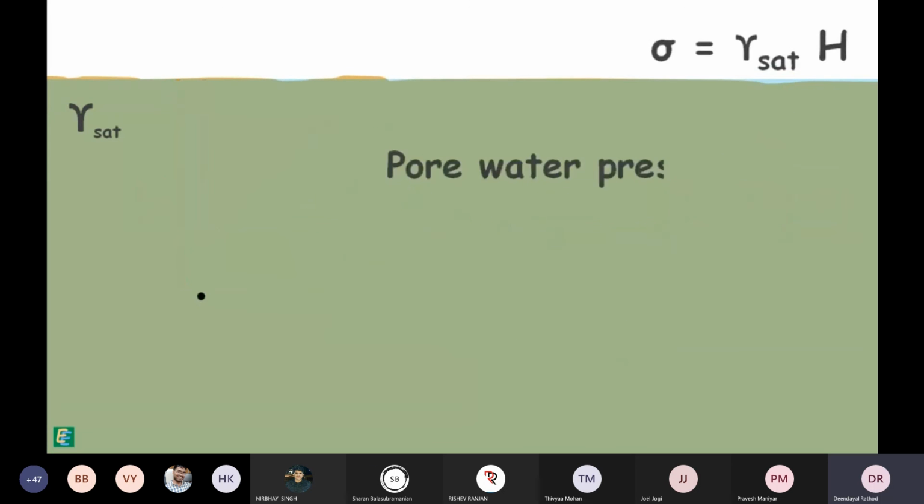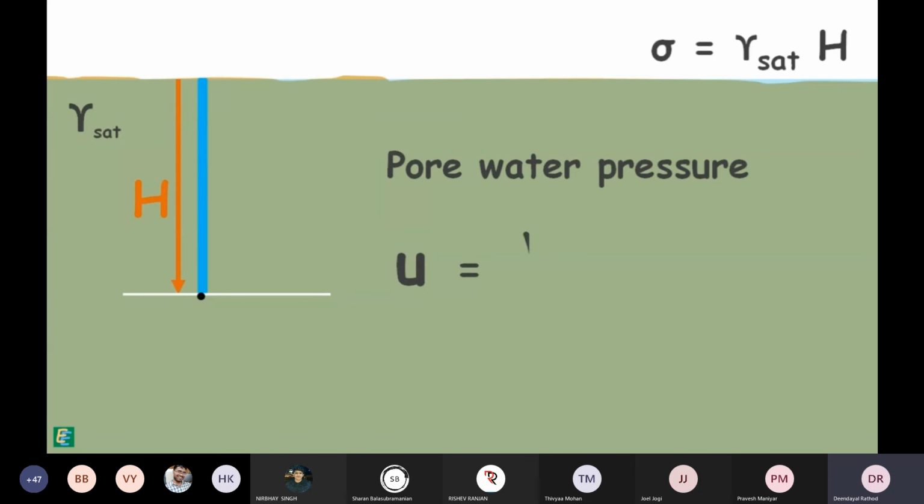Now, the pore water pressure at this point in the soil is the pressure due to the weight of the water column above it of height h. So pore water pressure at this point is also the weight of the water column divided by the area. So pore water pressure can be written, similar to the total normal stress, as this.